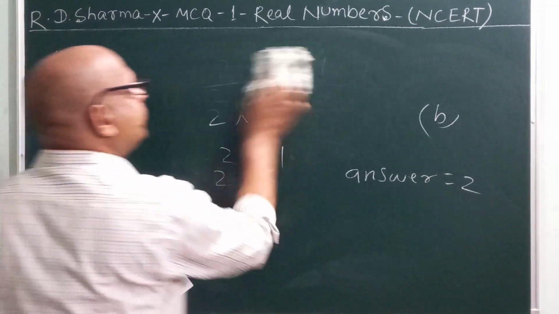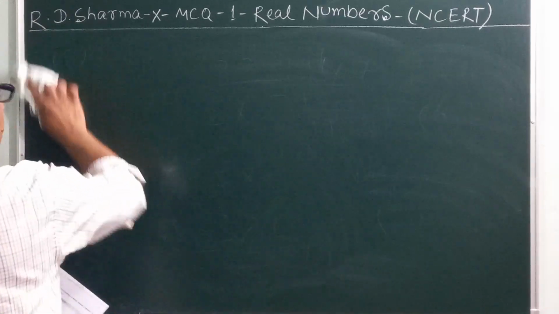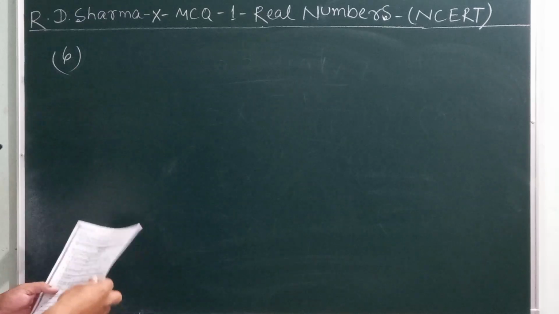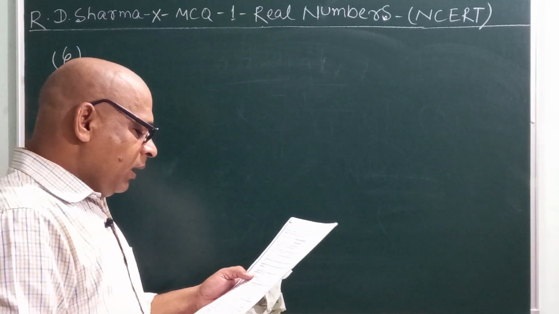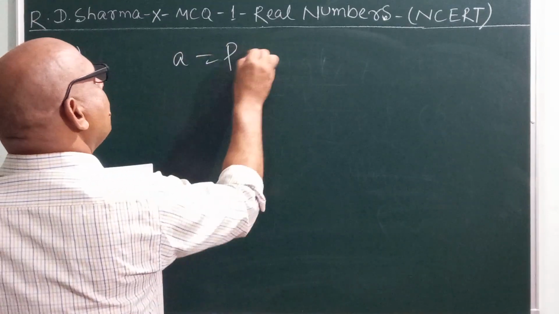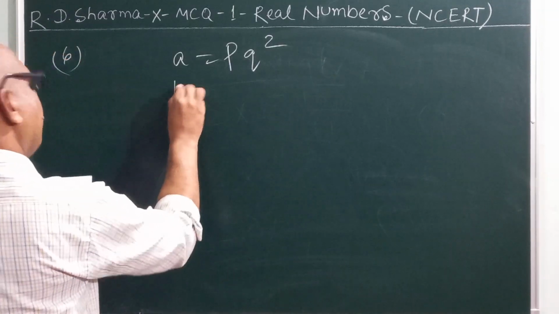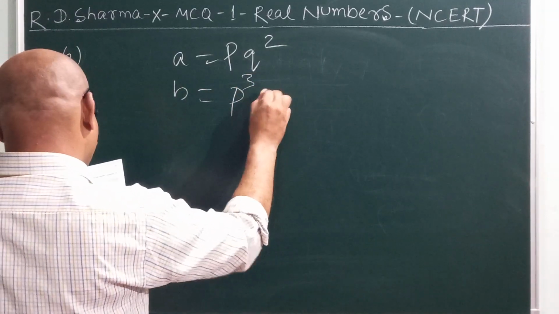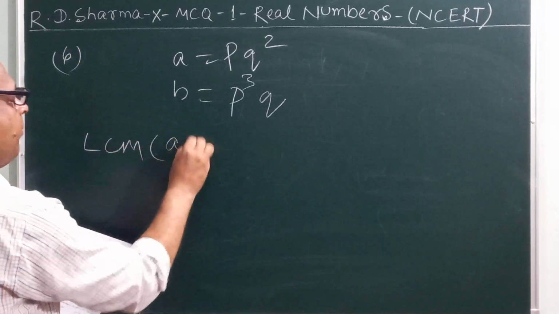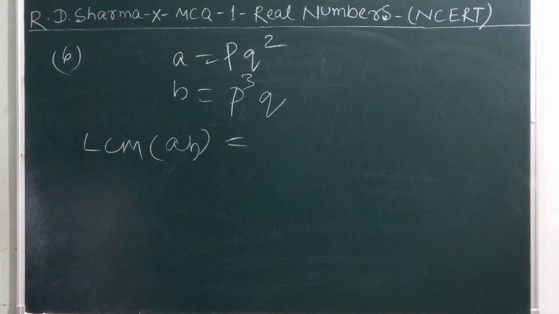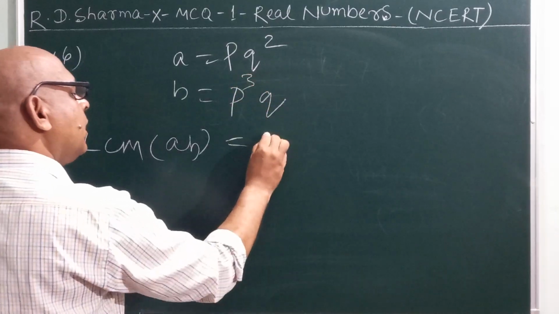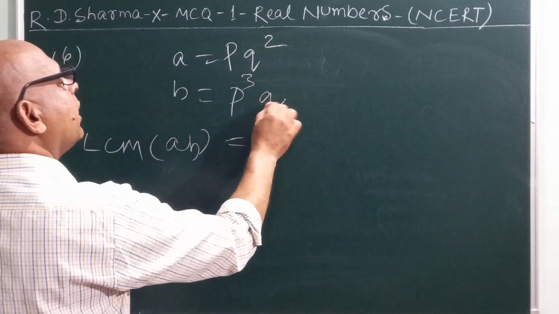Next, 6. If two positive integers a and b are expressible in the form a equal to p q square, b equal to p q q, then LCM of a and b. The greater power is taken, so the answer is p q square q, greater power.